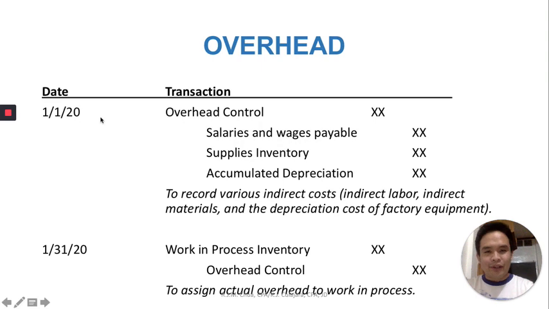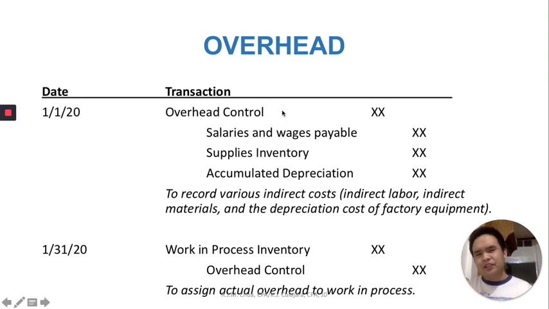So, to record various indirect costs, kung kunwari indirect labor, overhead yon, so most likely credit mo salaries and wages payable. Indirect materials, pwedeng credit supplies inventory. Kapag depreciation cost of factory equipment, that's also overhead. So, yung credit na accumulated depreciation. And whatever is the cost, pumapasok yung cost sa overhead control.